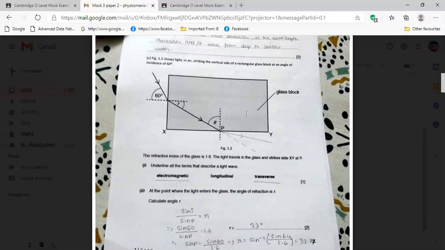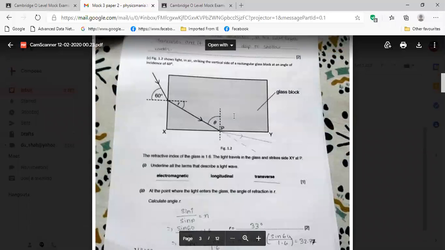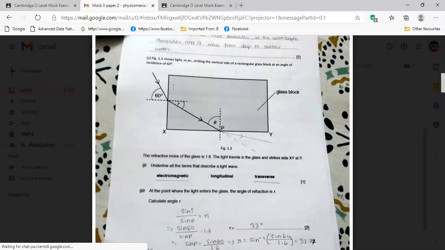This is the intersection, so these two are alternate angles. If R is 33, then the angle beside theta is also 33. So theta will be 90 minus 33, which is 57 degrees.